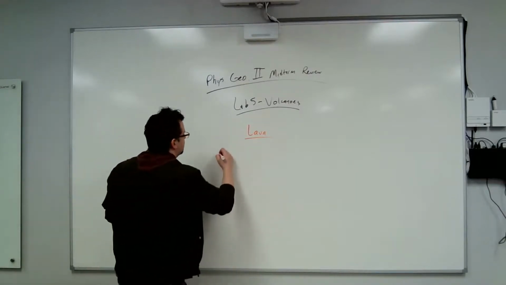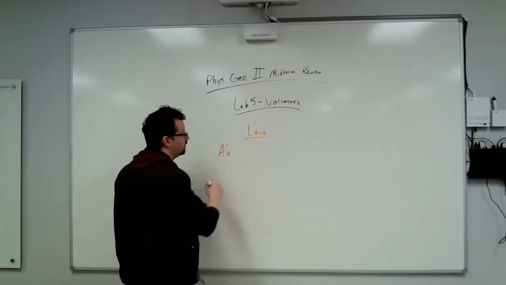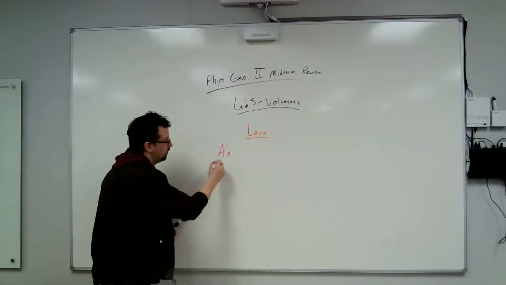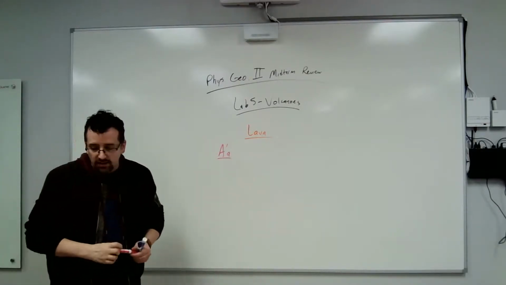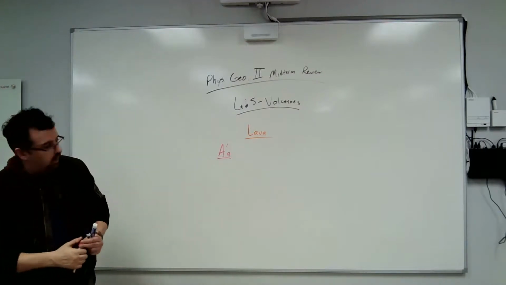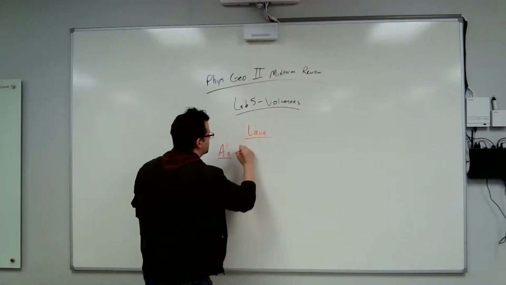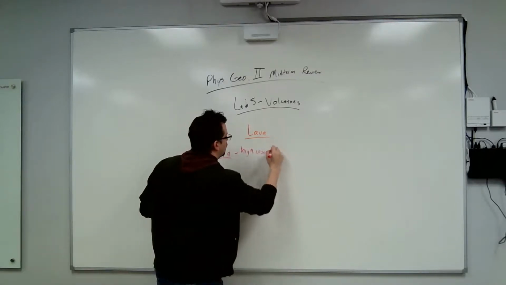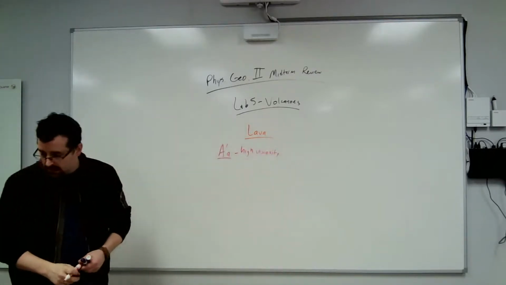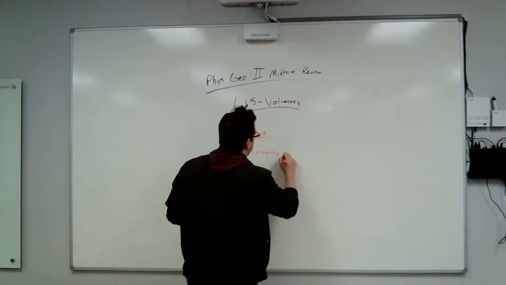The first is, it says, primarily basaltic, but it is highly viscous, high in viscosity, lower in temperature.